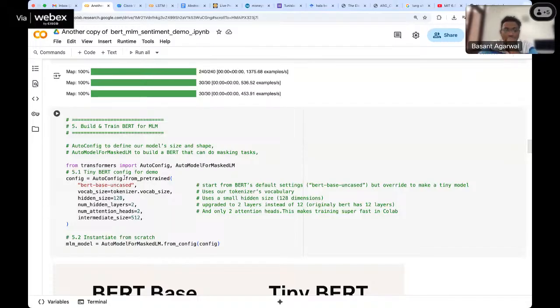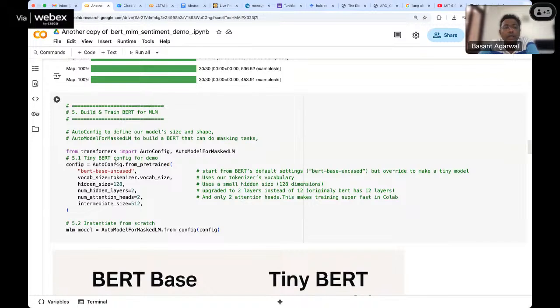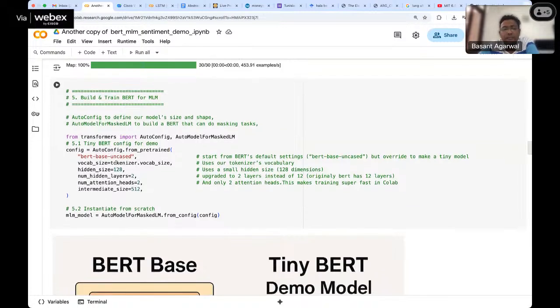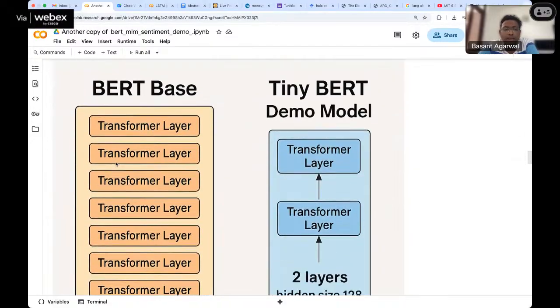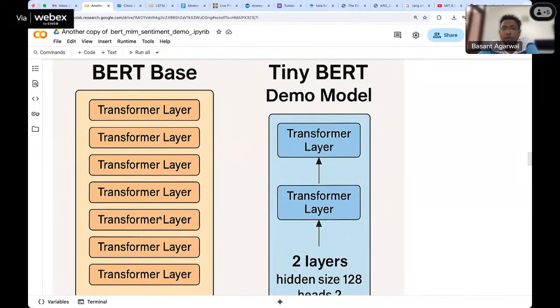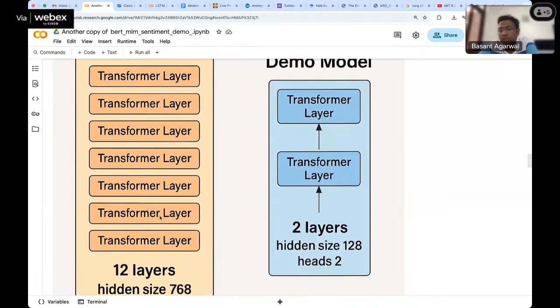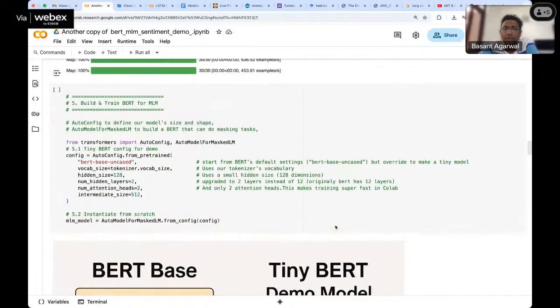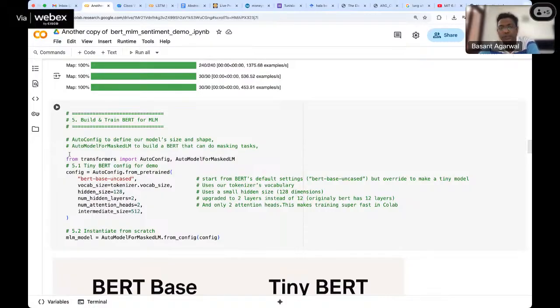Okay. Now we define the BERT model. Originally, the BERT base model has 12 layers with 768 hidden size and 12 heads. But here we are creating this model with 2 layers of the transformers, 128 hidden size and 2 heads, just for saving computation time.